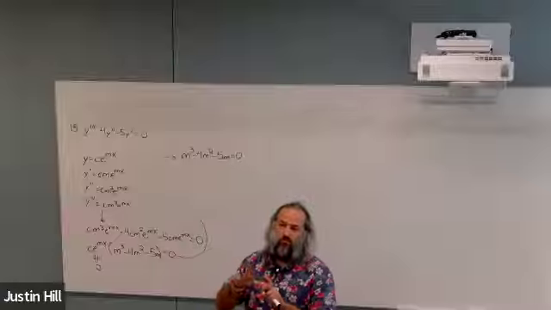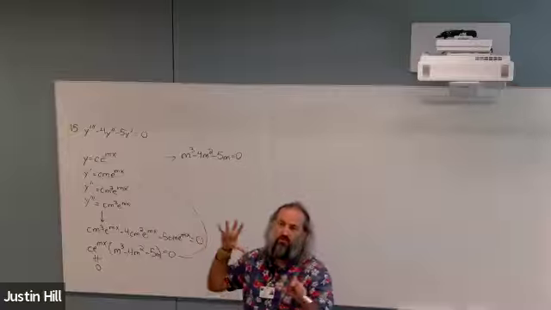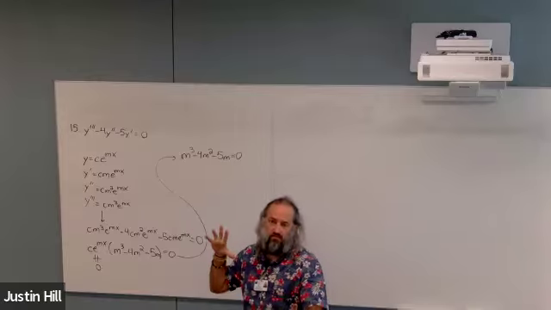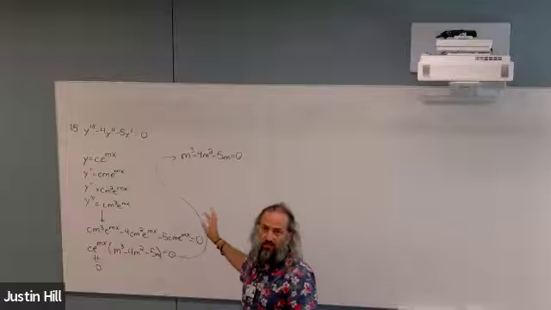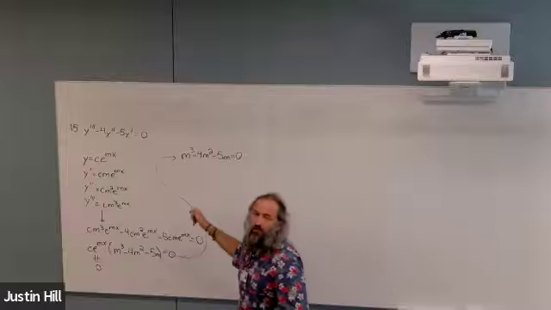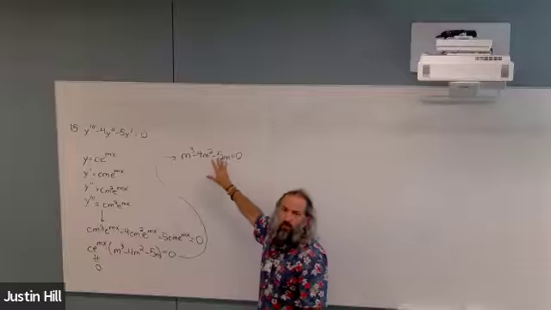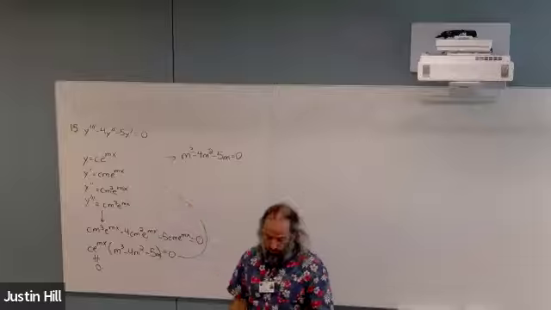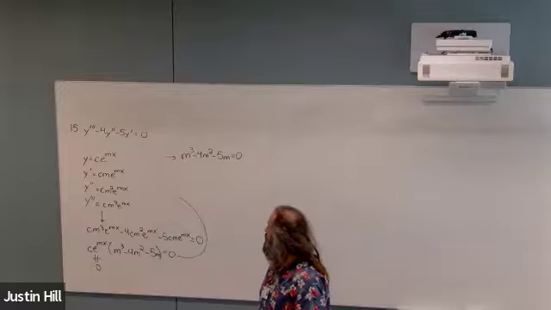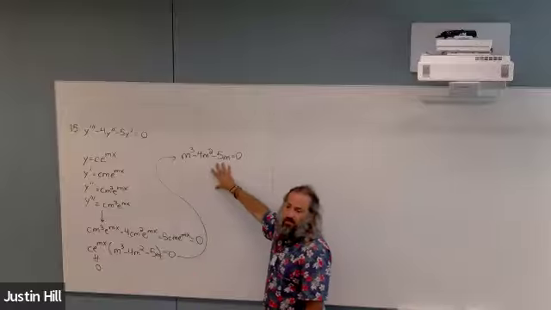So expand the possibilities in your mind. Your general solution could have not just two parts, but three or four parts, or however many parts you get from the factoring and solving of this auxiliary equation, that polynomial.